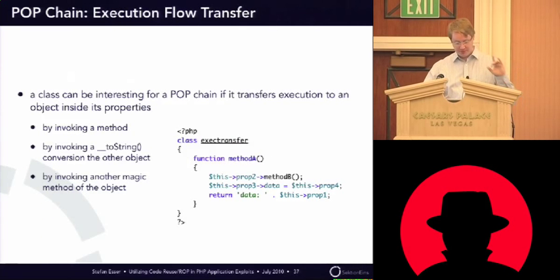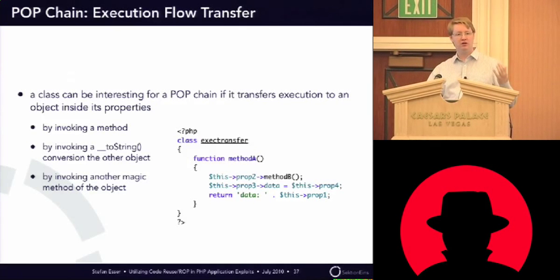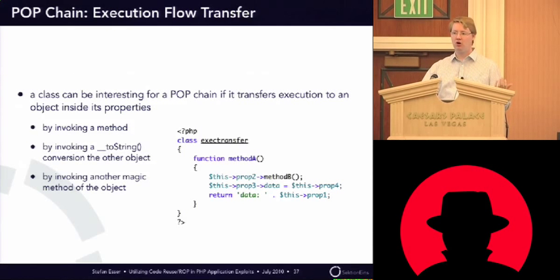The next thing you always need in a POP chain is a way to transfer control from one object to the method of another, because you usually will not find a destructor that does something very interesting for you. In the past, you could find destructors that were deleting files, so you could delete a file immediately.